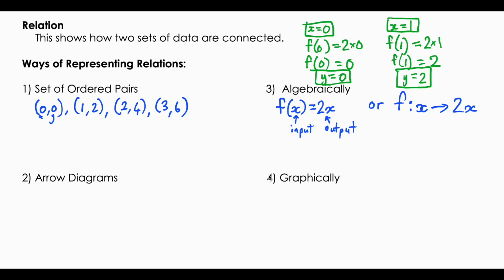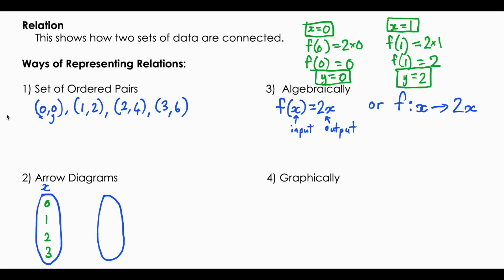So now these two kind of give us a picture of this setup. So for instance, arrow diagrams. We have the input, so these values that you saw here essentially represent the input, so 0, 1, 2, and 3. So then now we have our output, which we saw here.